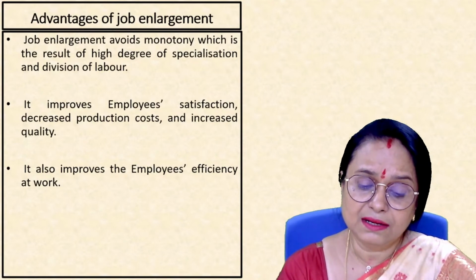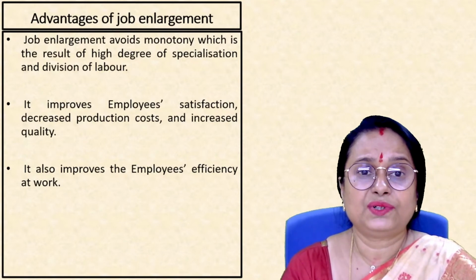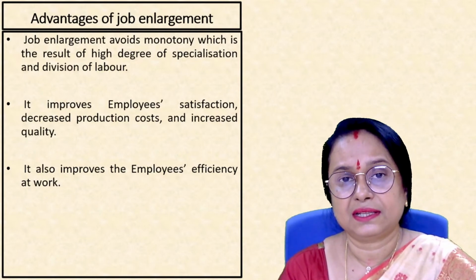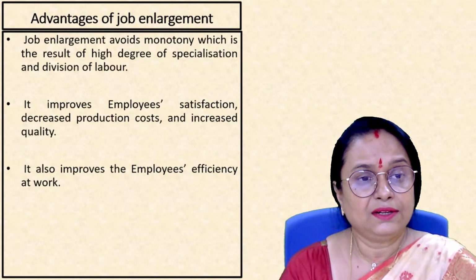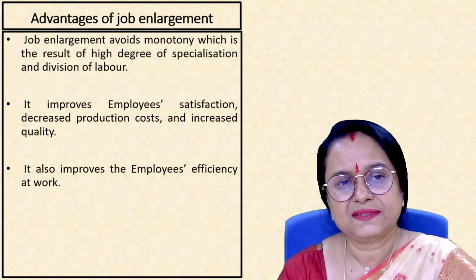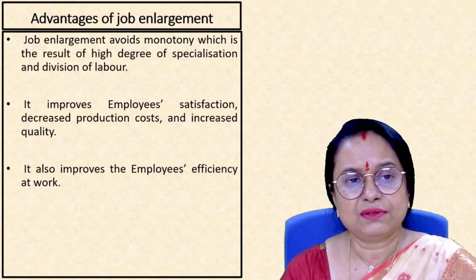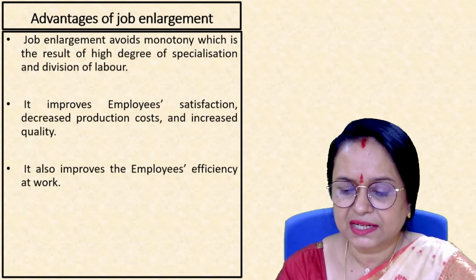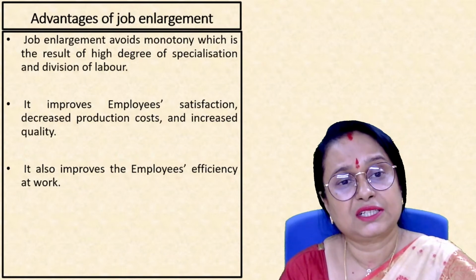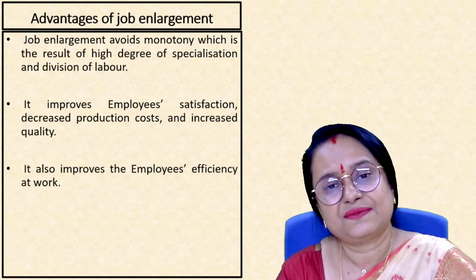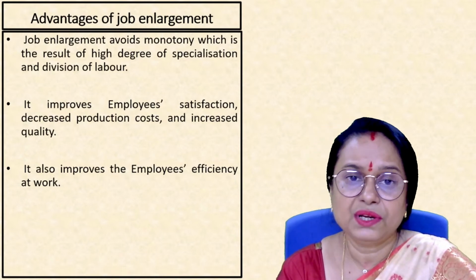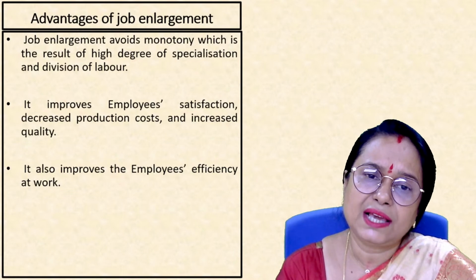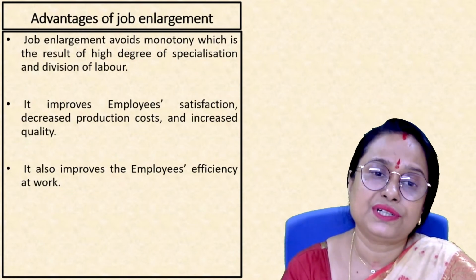As he does the same type of job for 2 units, he becomes a specialist in accounts. It also improves employee satisfaction, and it also decreases production cost and increases quality. So employee satisfaction, as he is becoming an expert, that person's job satisfaction also increases, and the production cost goes down as he is managing both units' accounts.